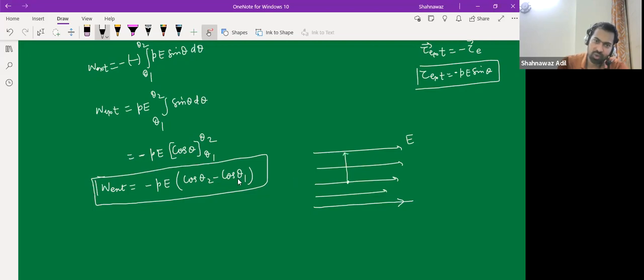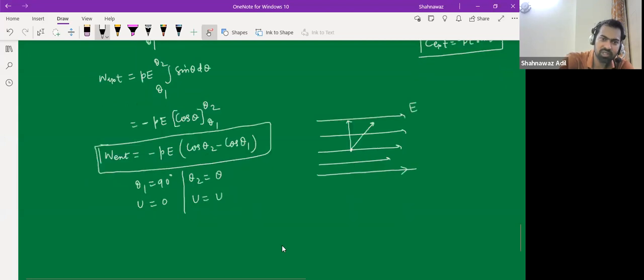So theta 1 was 90-degree, right? And let's say the potential at this is 0, right? And then theta 2 is some theta. So then this potential is some u, right?